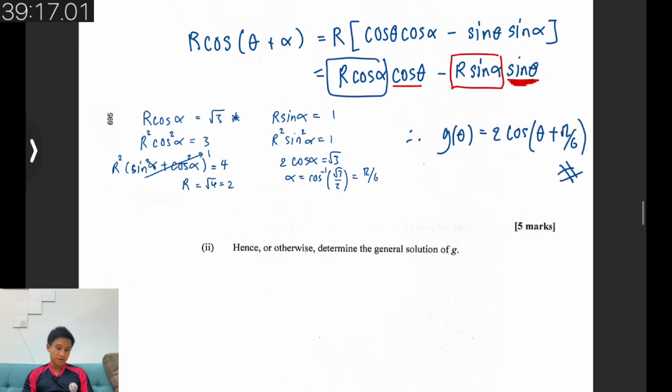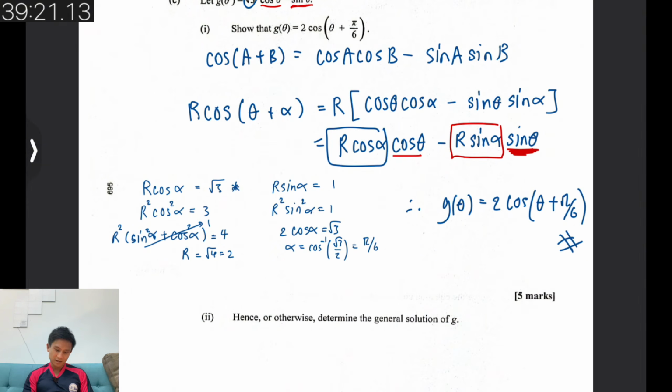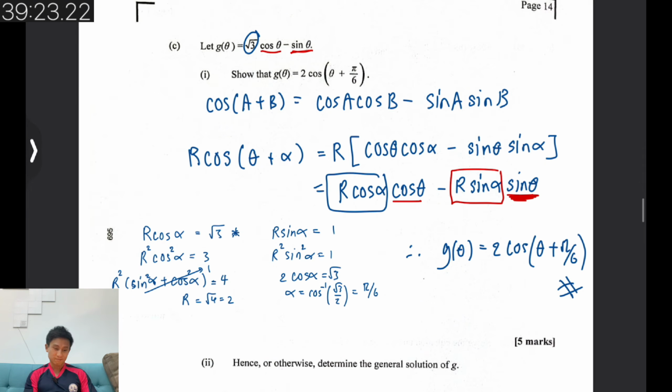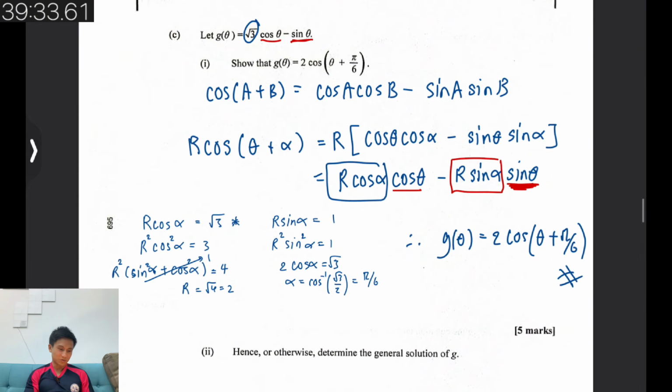Part I, hence or otherwise determine the general solution of G. All right, so general solution of G. Interesting. Does that mean the roots? I'm going to assume it's the roots, right?